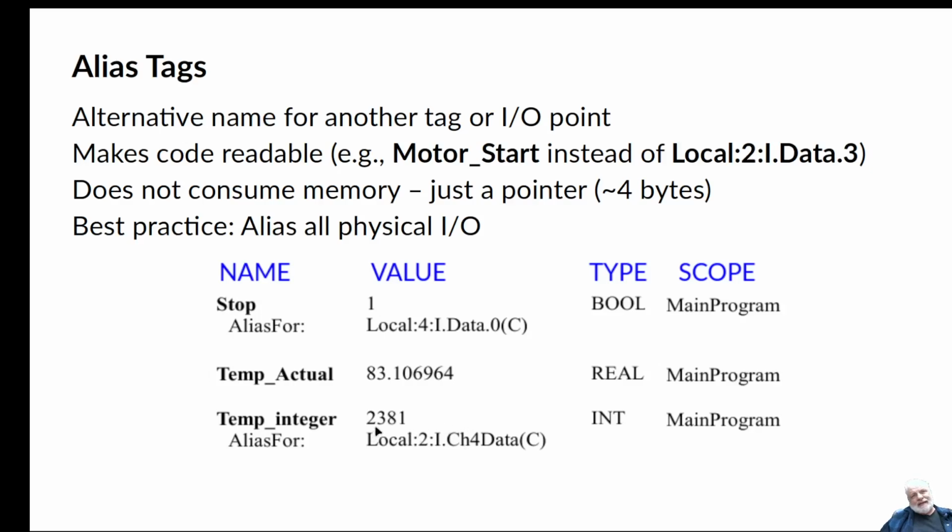So this is an integer. Its current value is 2381. It is coming from a local card, which is in slot 2, which again technically is the third slot in the device, counts from 0, and then I for input, and then this is channel 4 data. So see, this is a 16-bit integer. This is the analog input card.